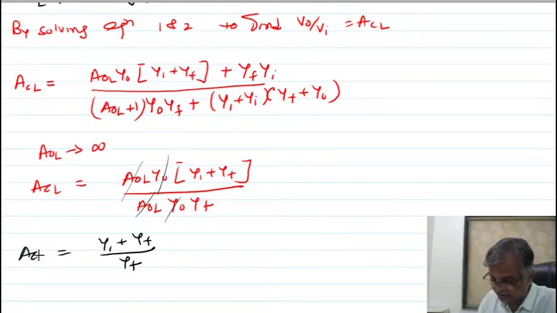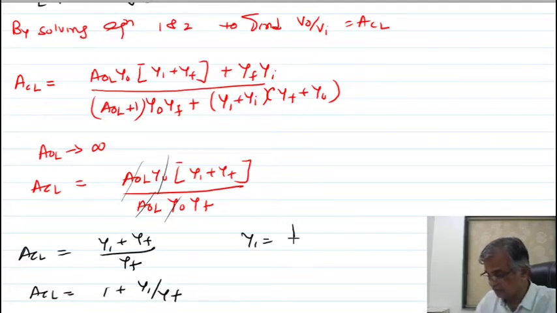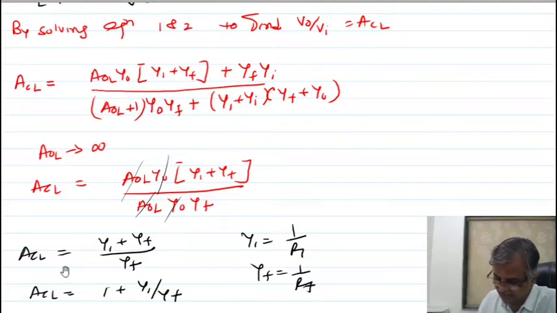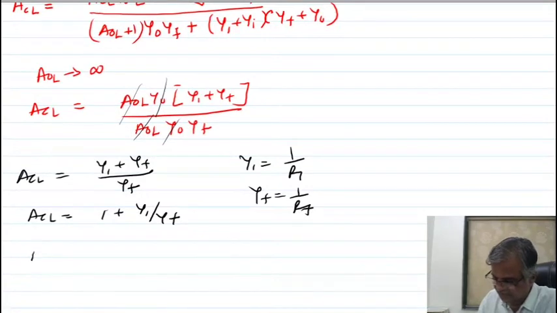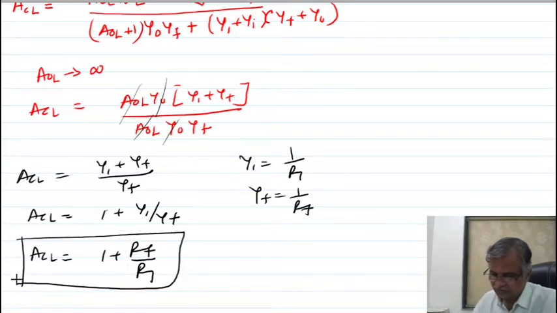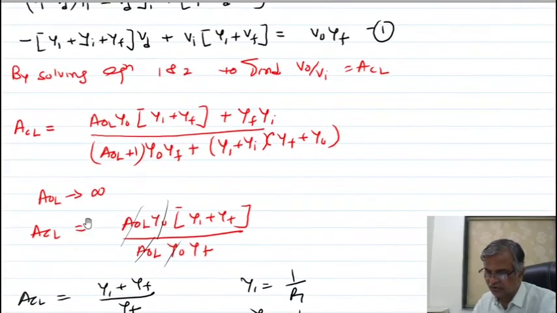So ACL is equal to 1 plus Y1 upon YF. Y1 is 1 upon R1 and YF is 1 upon RF. So ACL is equal to 1 plus RF by R1. When it is not ideal, this is the equation of the closed loop gain of the non-inverting amplifier, where Y represents admittance.